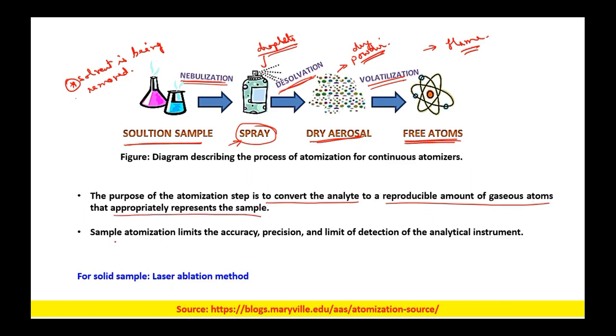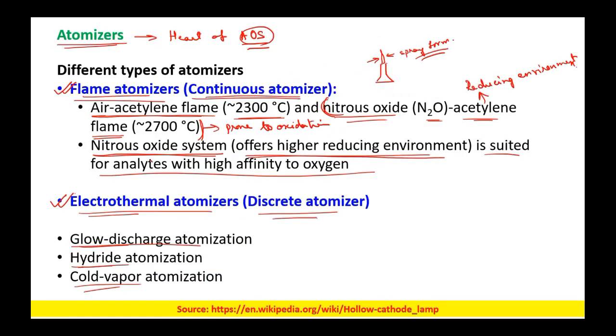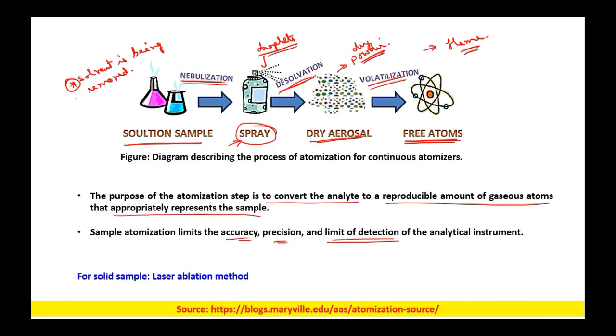Sample atomization limits the accuracy, precision, and limit of detection of the analytical instrument. So this is an important thing. As I told you, the atomization process is the heart of atomic optical spectroscopy. The better the quality of your atomizer, the better will be your accuracy, the better will be the precision, and better will be your limit of detection.